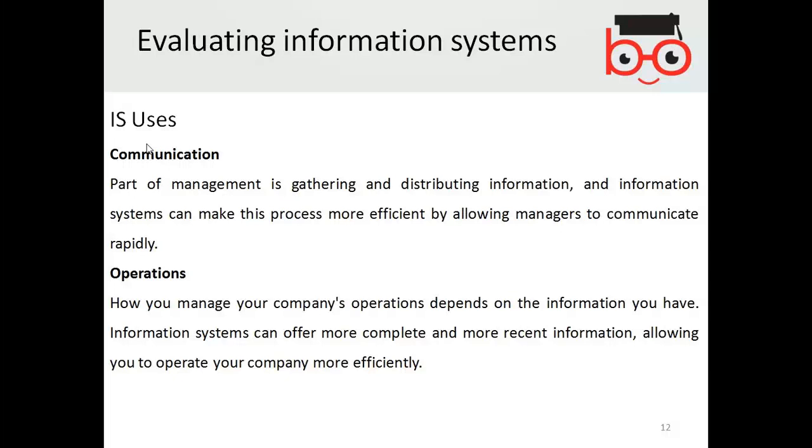Operations: how you manage your company's operations depends on the information you have. Information systems can offer more complete and more recent information, allowing you to operate your company more efficiently. So if you have operations to be done within the organization, you can only do them effectively if you have updated, most recent, correct information.